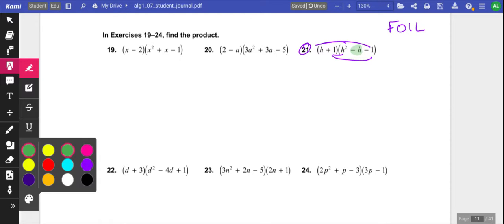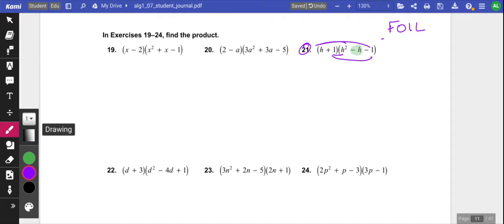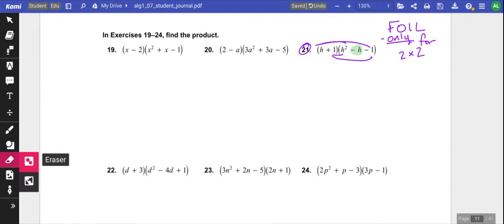Something to remember with FOIL, it's only for a binomial and a binomial. Two terms by two terms. There's a couple different ways we can attack this. So first off, let's do the one that's most similar to FOIL, because I think most of us like to use FOIL.